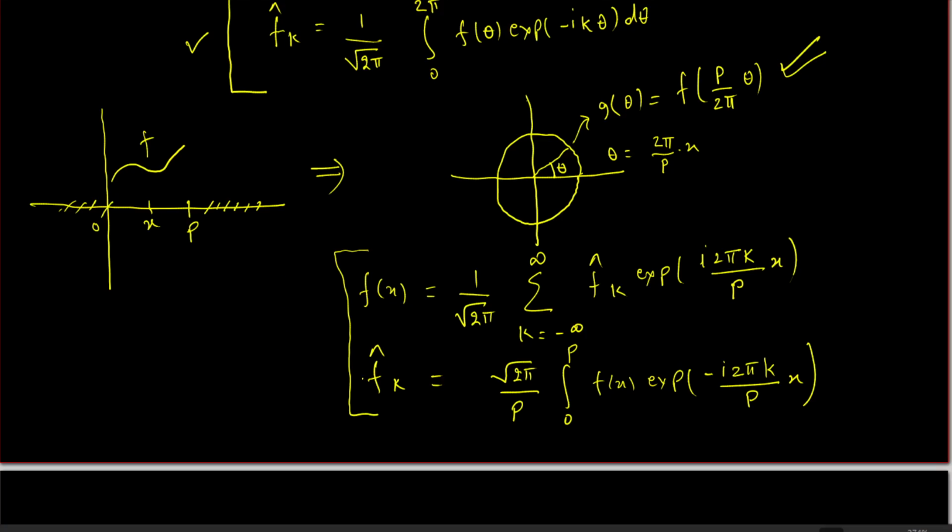The derivation of these two equations is very simple, so I'm leaving it as an exercise. So this is our Fourier series for the case of a function defined on a finite interval, because any such function can be mapped to a function defined on a circle.